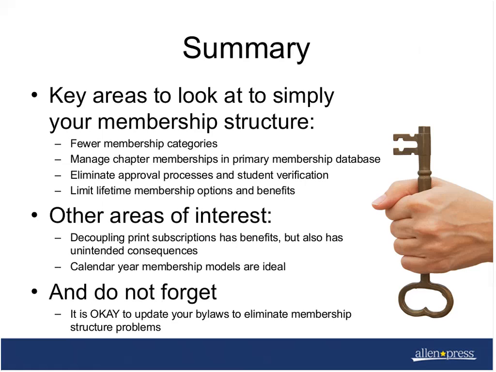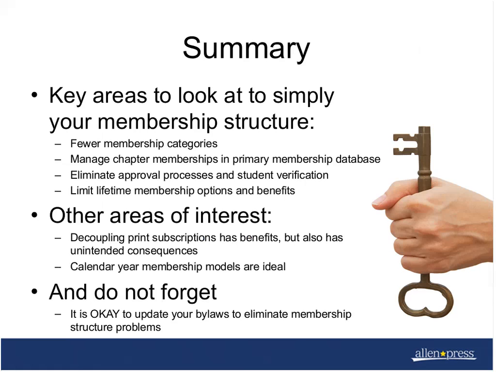In summary, key areas to look at are: simplify your membership structure, with fewer membership categories; manage chapter memberships in the primary membership database; eliminate approval processes and student verification; and limit lifetime membership options and benefits.